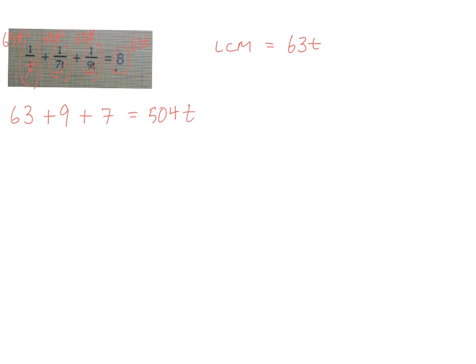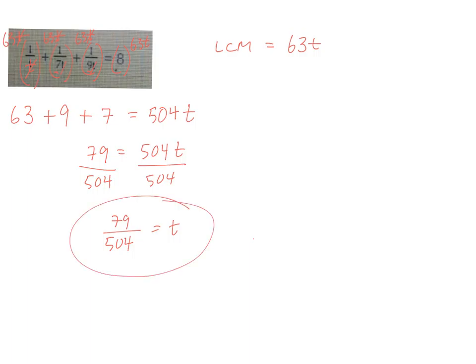Okay, adding this stuff up on the left side, I'd have 79 is equal to 504t, and then I'll divide both sides by 504. So t is equal to 79 over 504. I don't think you can simplify that, so I'd leave my answer like that.